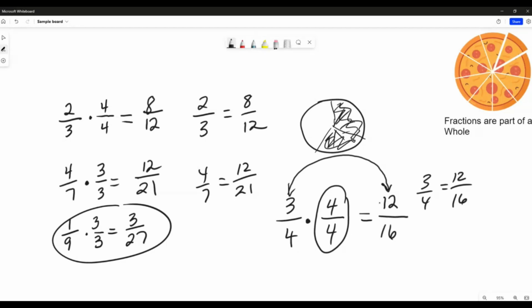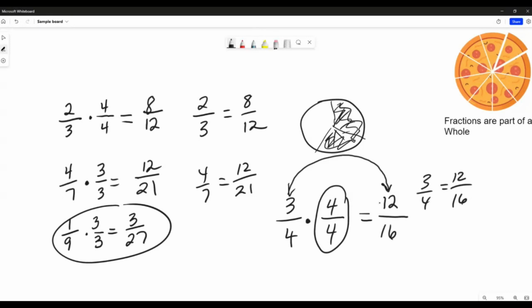All right, so that's taking a fraction and converting it into another fraction that's equal to it. Now what we're going to do is work backwards. We're going to take a fraction that's already had something multiplied on the top and bottom, and we want to reduce it back down to the base fraction we would have started with.